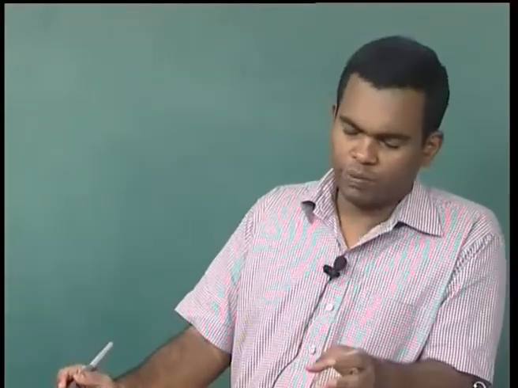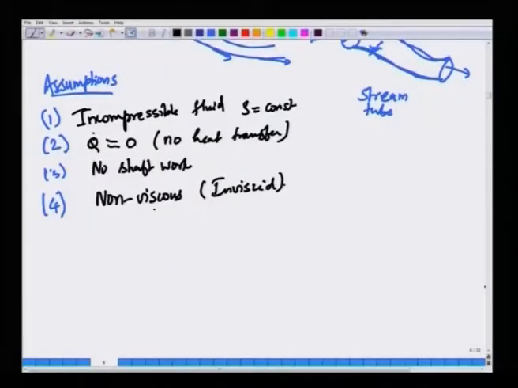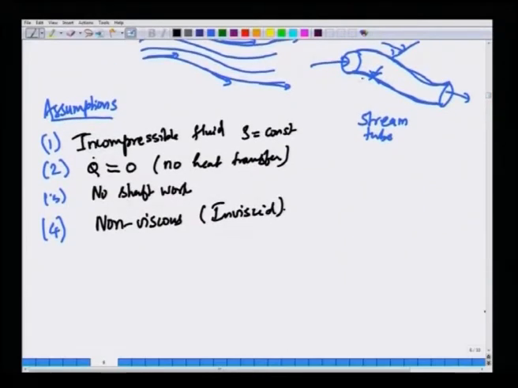So, by making these specific assumptions that flow is incompressible, there is no heat transfer, there is no shaft work, and most importantly that the fluid is inviscid, there is no viscosity, we apply the energy equation to this specific control volume called a stream tube.